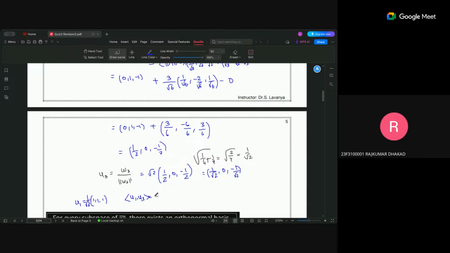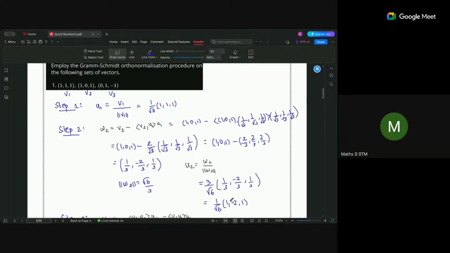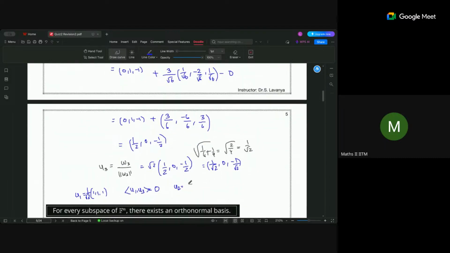It should be 0, right? Yes, ma'am. What is u2? If you remember, u2 was 1 by root 6, 1 minus 2, 1.